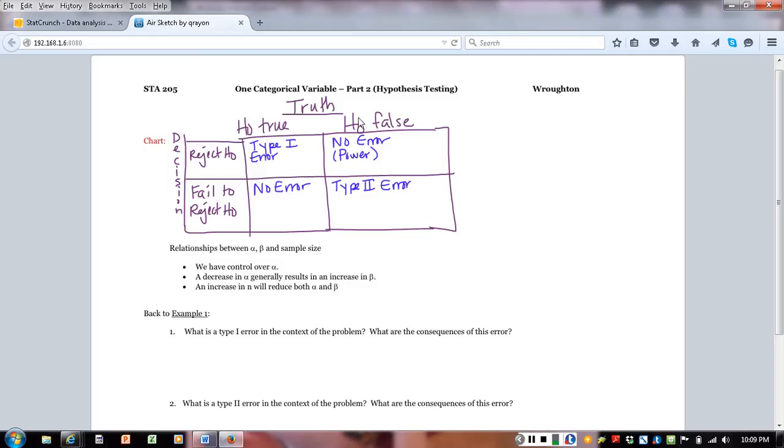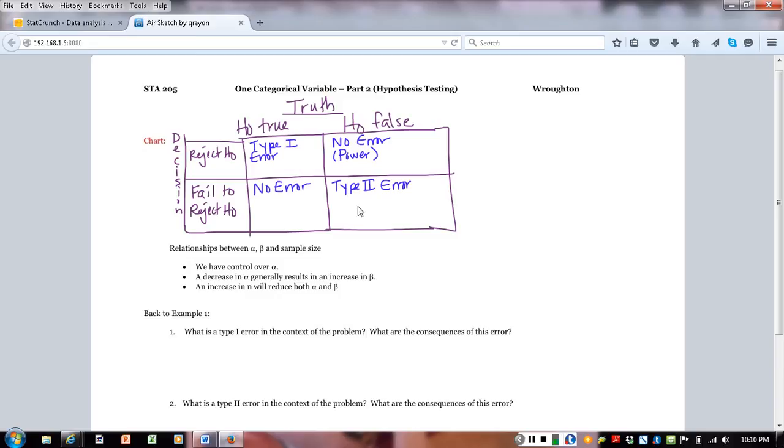The fun part of a hypothesis test is we don't know which one is true. If we knew which box we were going to be in already, there'd be no sense in conducting the test. So we don't know which column we're in, but we can only be in one of those columns. All we can do is collect our data to make our decision over here, and hopefully most of the time we're going to end up in our 2 good boxes and not very often end up in our bad boxes.